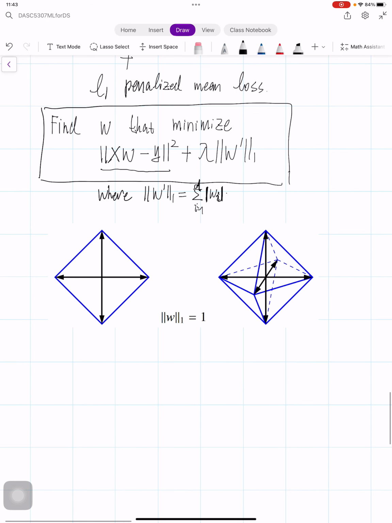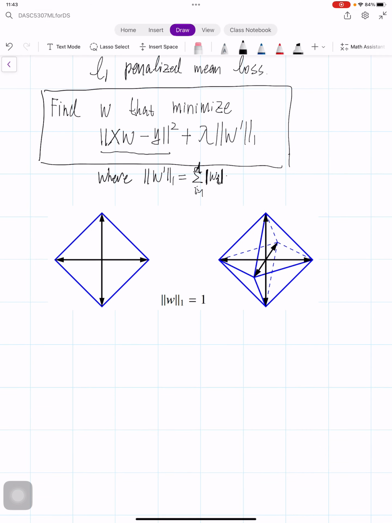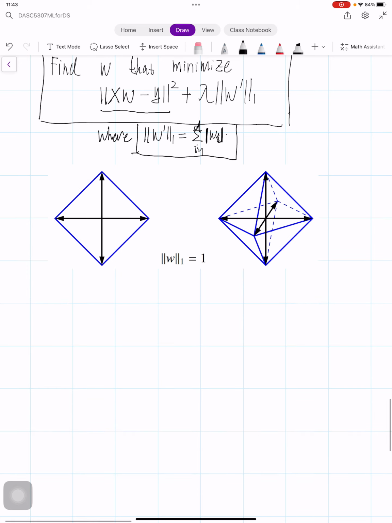First, let's talk about the iso-contour plot for this norm 1. Suppose our W is just W1, W2. Think about what the iso-surface is for |W1| + |W2| equals 1.